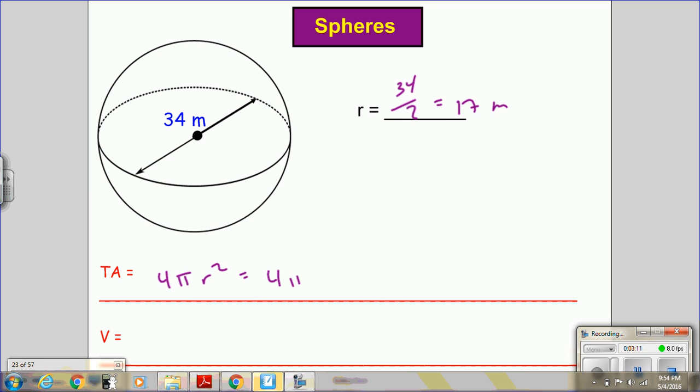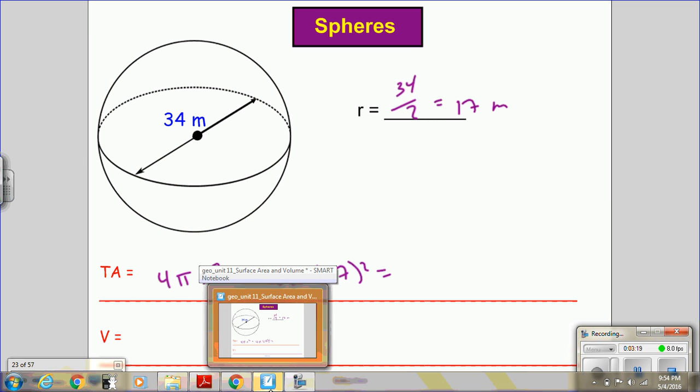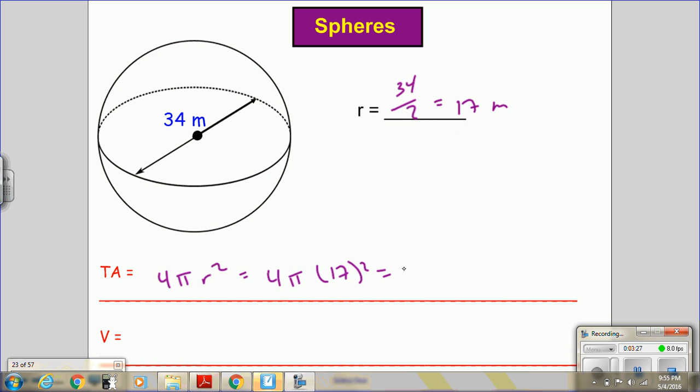So that's 4 times pi times 17 squared, which gives us 3,631.7 meters squared.